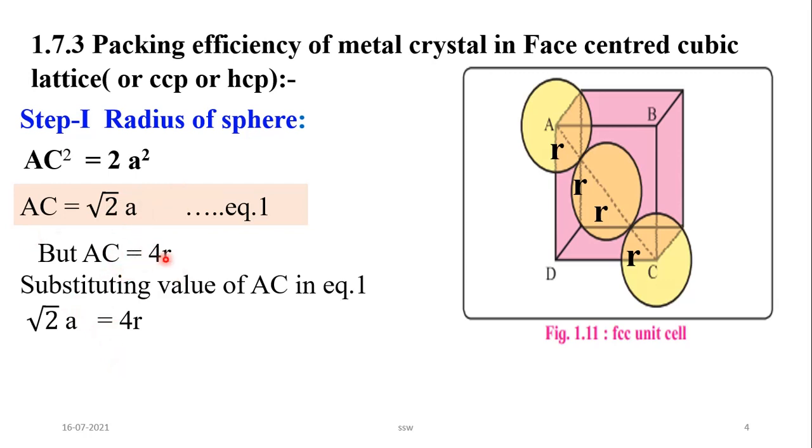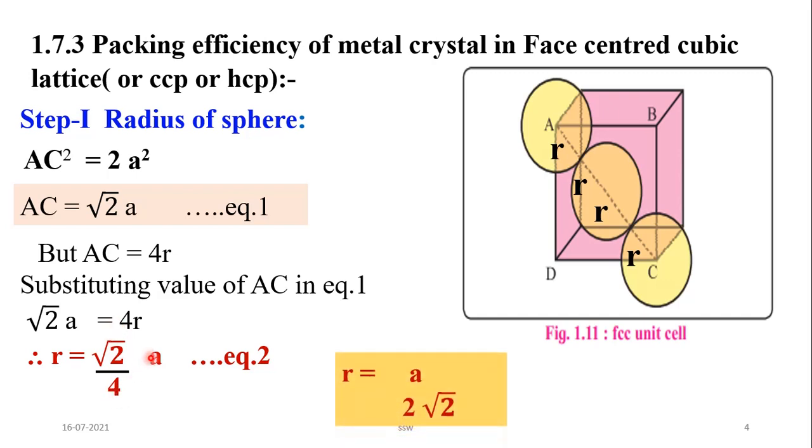AC is equal to 4r. Therefore, root 2 into a is equal to 4r. That is equal to what? See here, if you rearrange this, then r is equal to root 2 into a divided by 4, or root 2 divided by 4 into a.